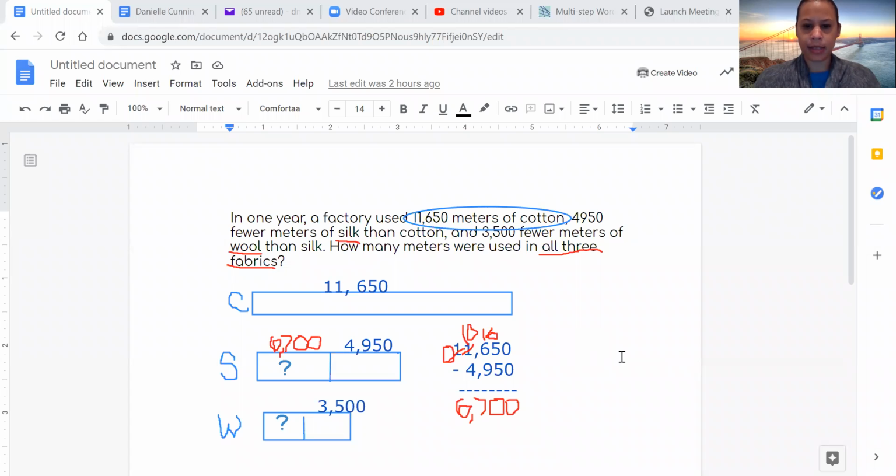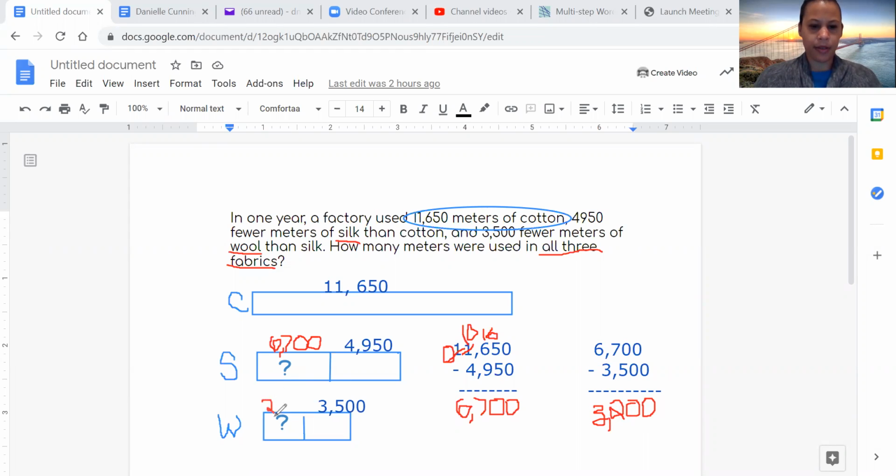If we were to subtract the 6,700 minus 3,500, we would end up getting 0, 0, 2, 3. So we know the total is 3,200.